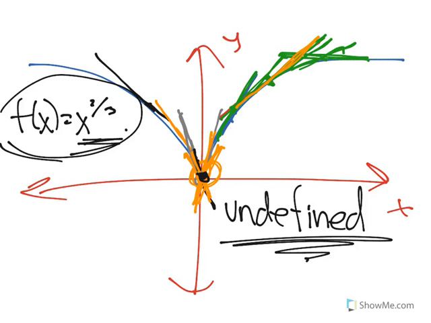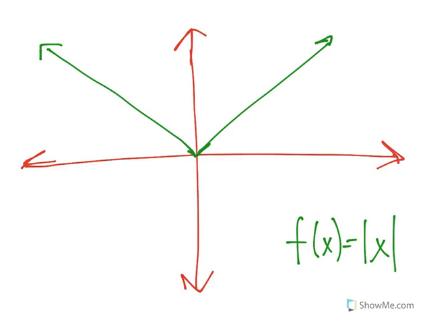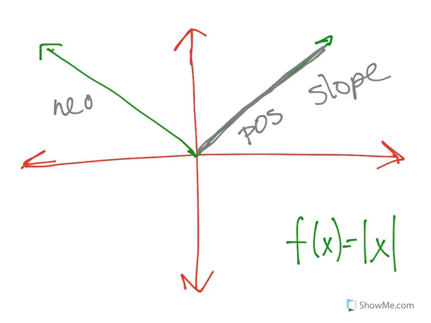As I said before, the derivative of a line is just its slope. Here we have a positive slope, and on the left we see a negative slope.